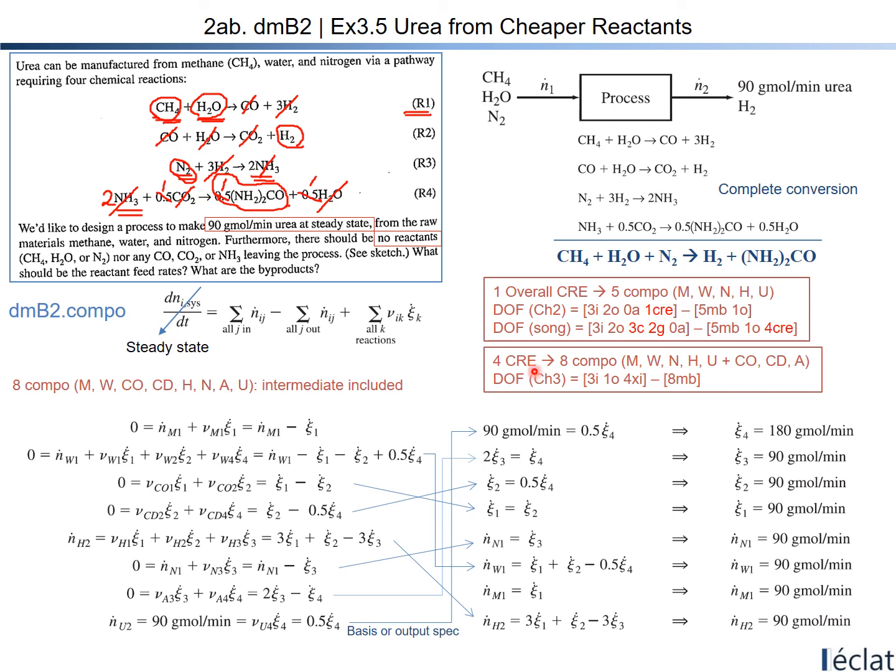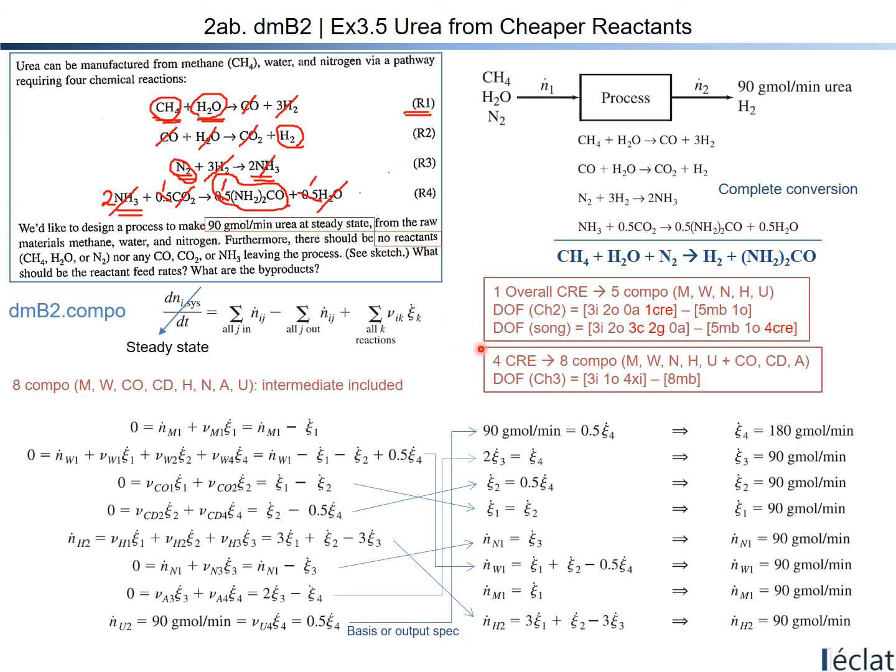In this case, I'd like to calculate the extent of reaction for reaction 1 and reaction 2 and reaction 3 and reaction 4. That is to say, I'd like to consider all of the 4 chemical reaction equations.